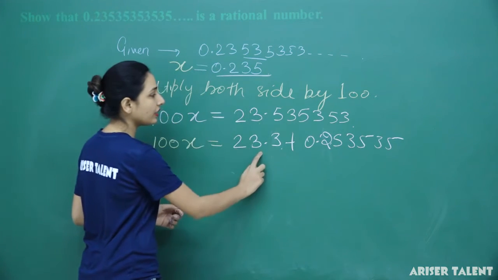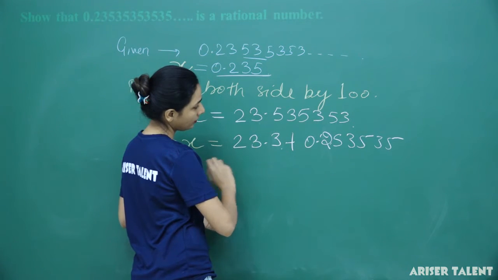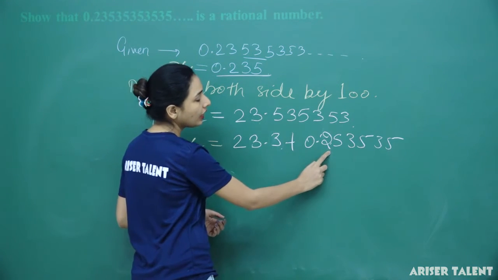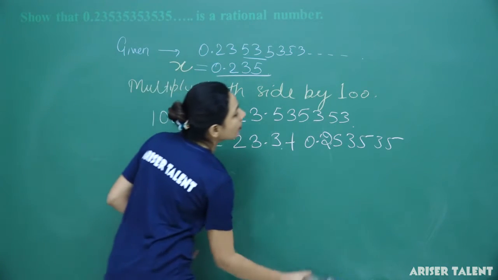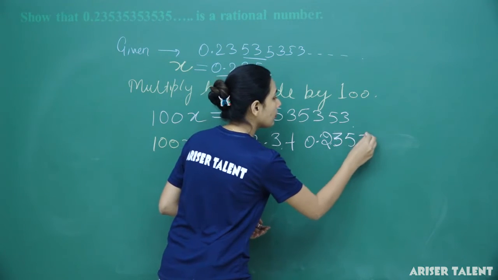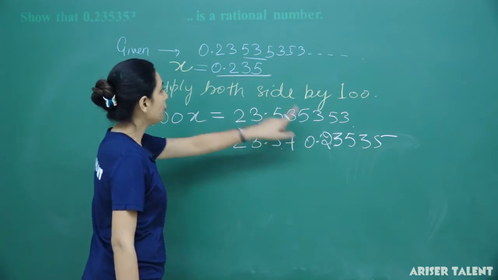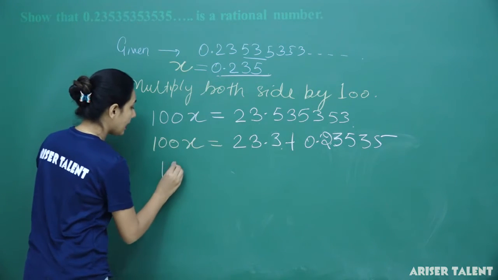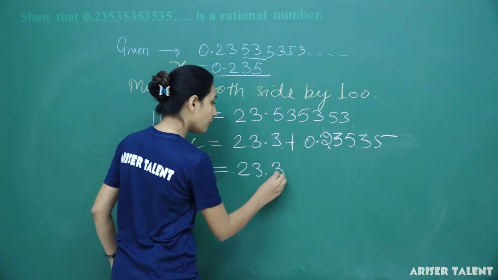So that will make 23 here point 3 and 2 5, then 353535, okay. Digits have been messed up here, okay. So this is the same which we have concluded as x, so that will be 100x equals to 23.3 plus x.